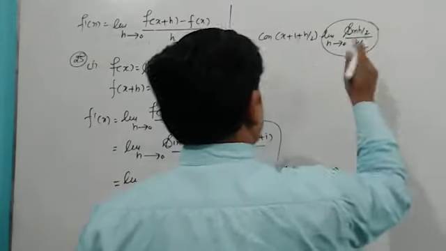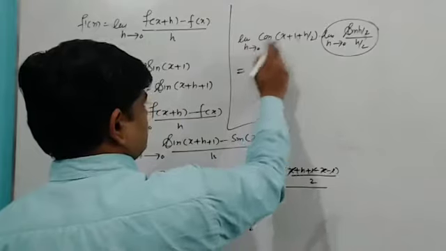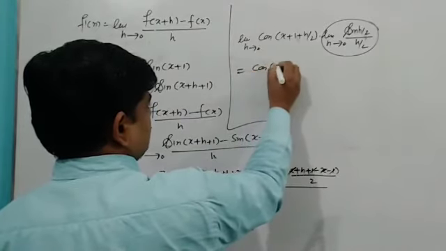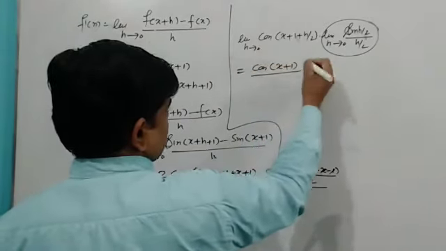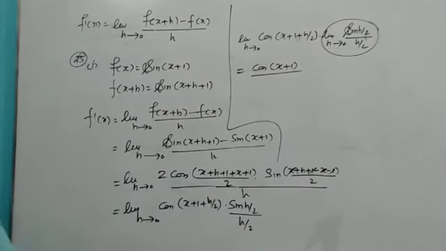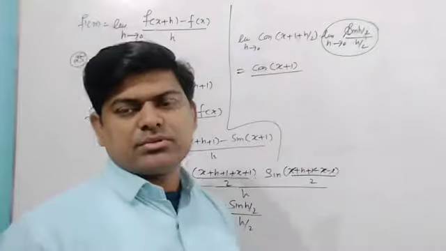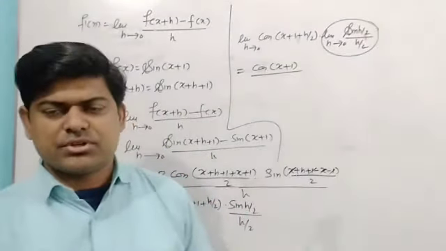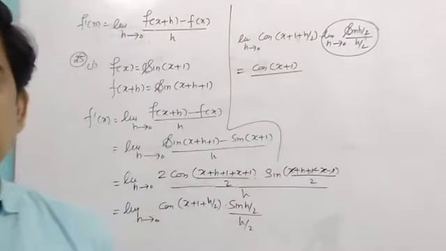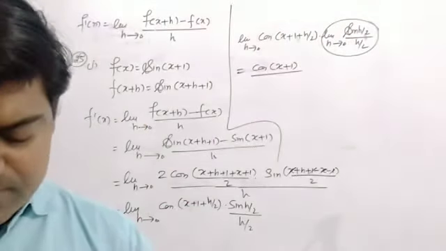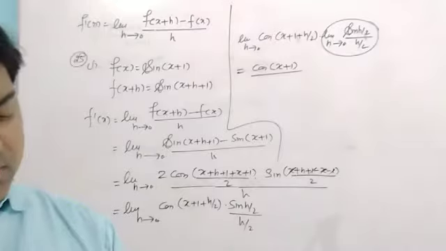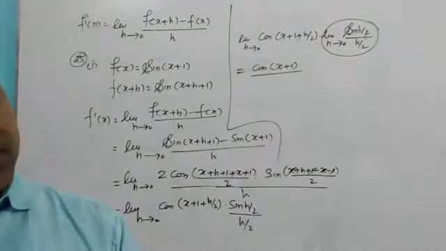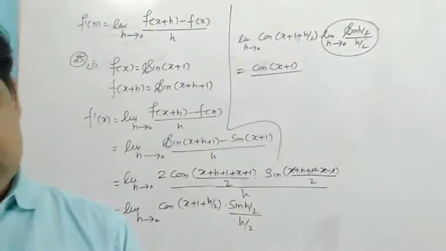This is 1, and now with h 0, cos(x plus 1). This is the result. The differentiation of sine(x plus 1) will be cos(x plus 1). That is directly also we can do by using the formula, but here we used the first principle, and then after I have done this question. So what I am thinking, the first, second, third, and fourth parts will be done like that.